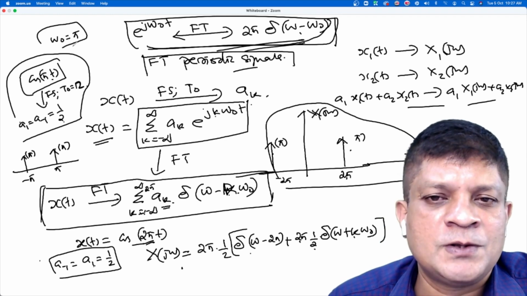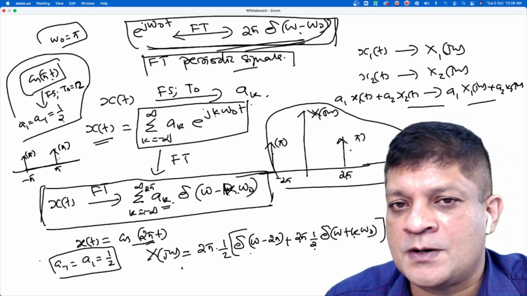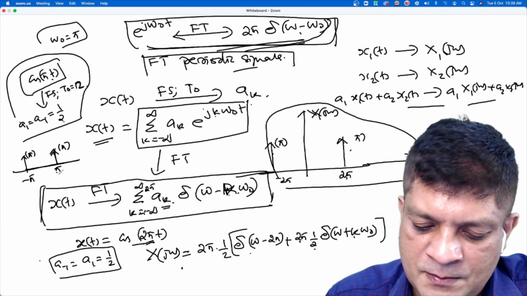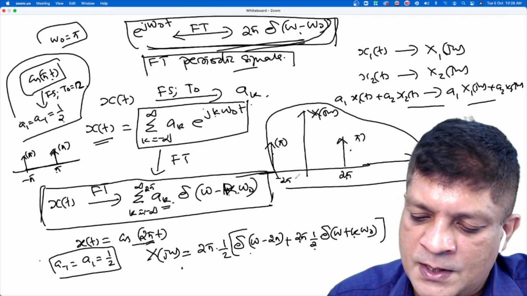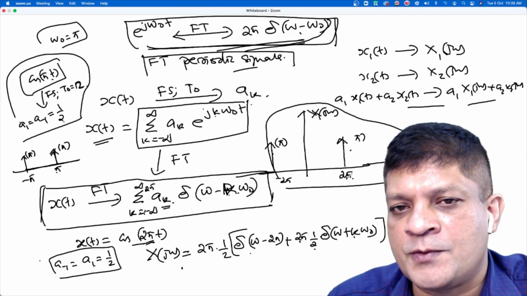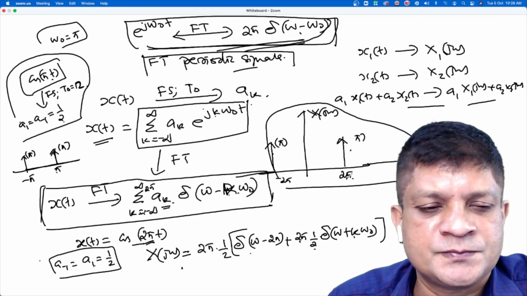So even though the numerical values of the coefficients are the same, their spectrum is different. Here the impulses are at minus 2 pi and 2 pi, and there at minus pi and pi.